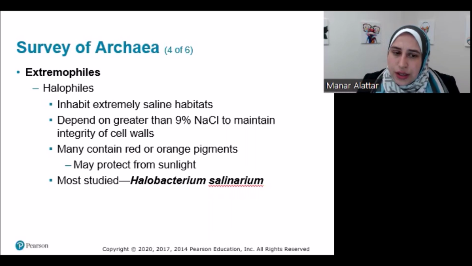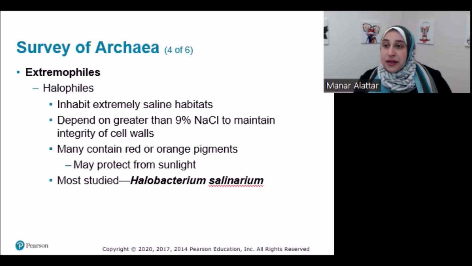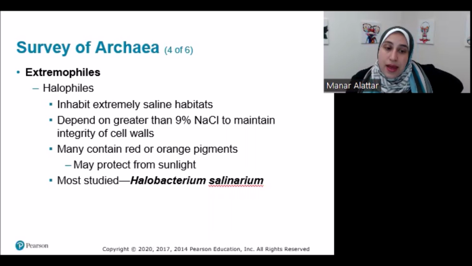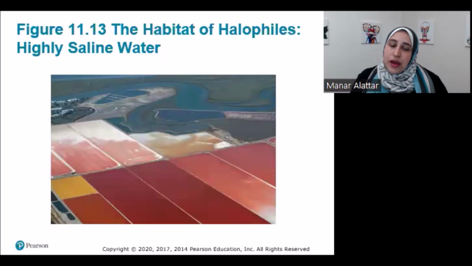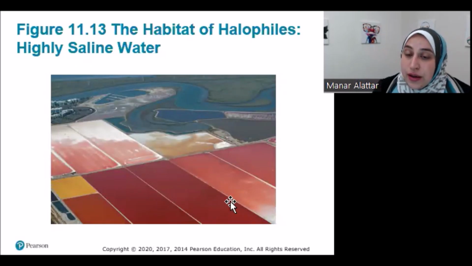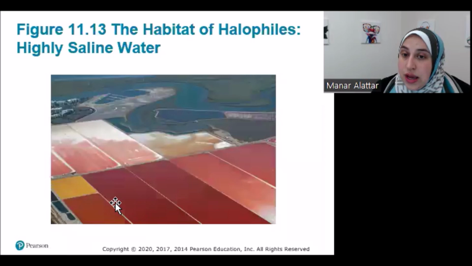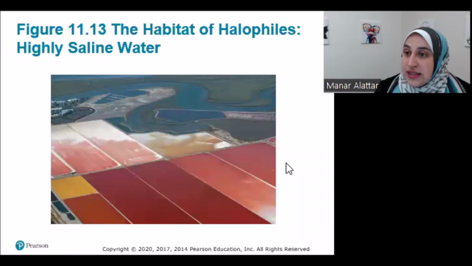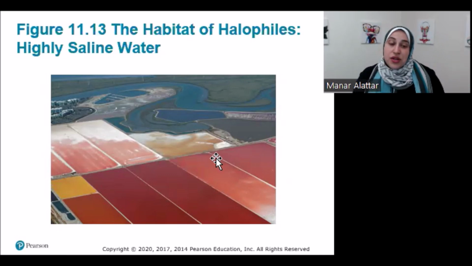The most well-studied of these that we know of is called Halobacterium salinarum, and it is really common in solar evaporation pools. You can see in this picture from California, you have these solar evaporation pools, and they're just colonized by these archaea, so much so that you can see it from a satellite image.